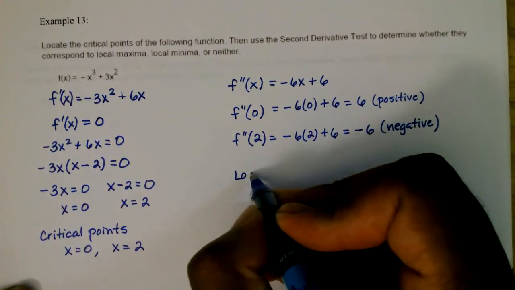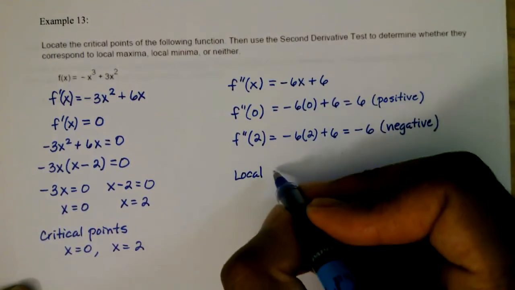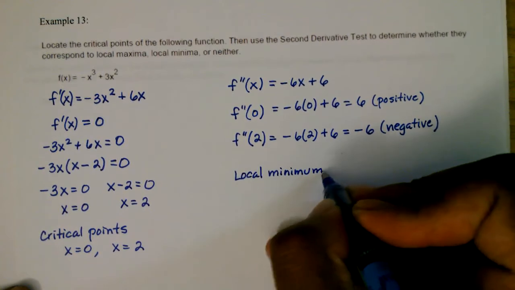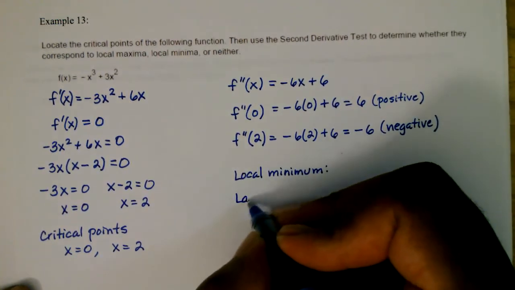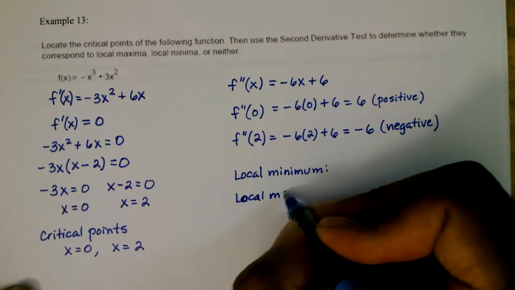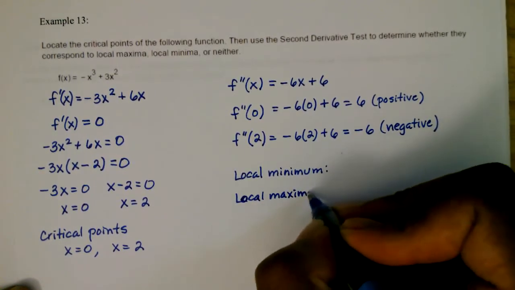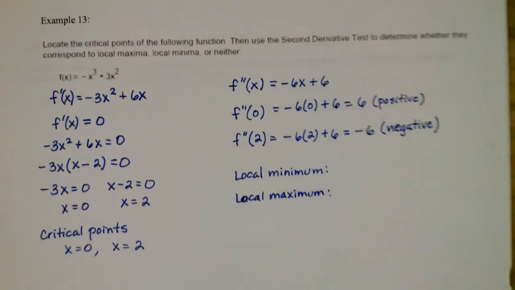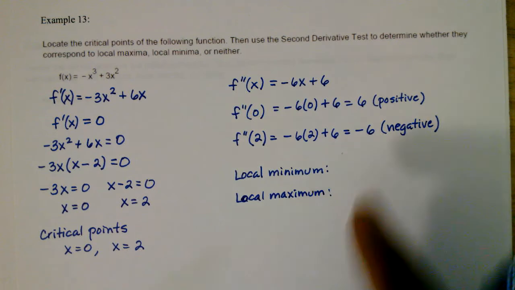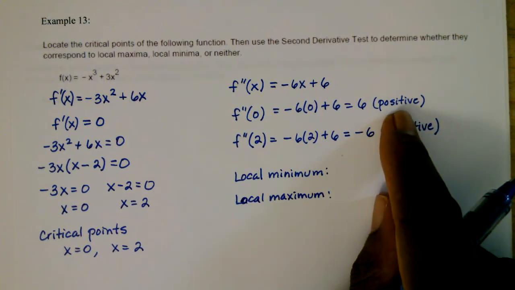Okay. So we need our local minimum and local maximum. And it does tell us that if the f double prime of c is positive, that means we have a local minimum. Here's positive for f of 0.